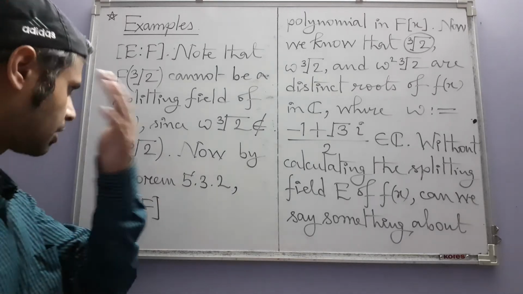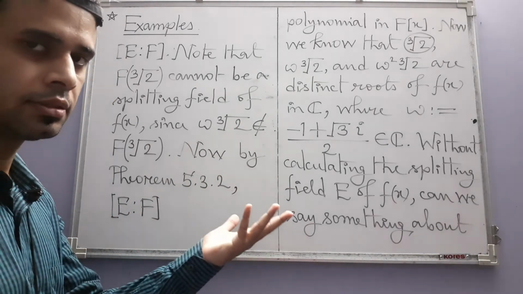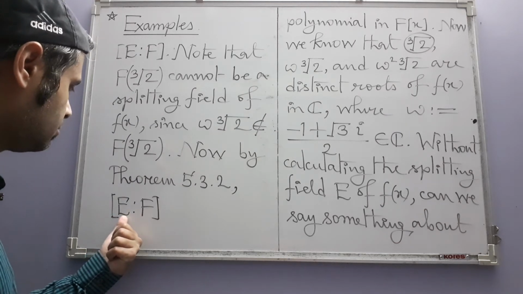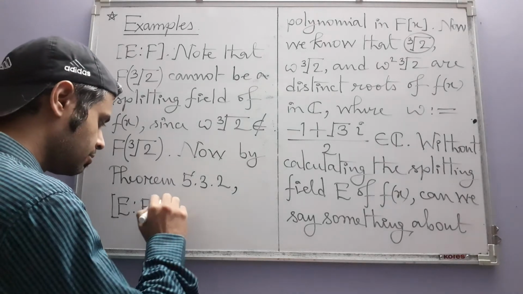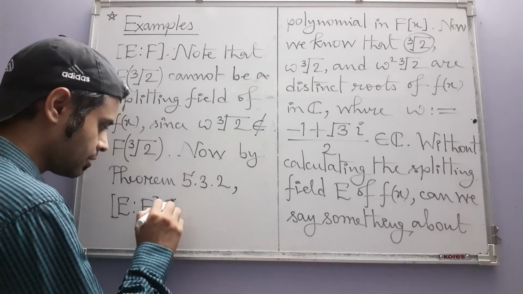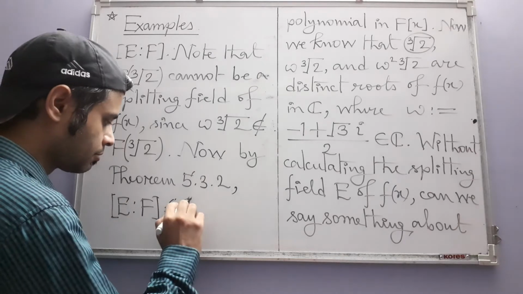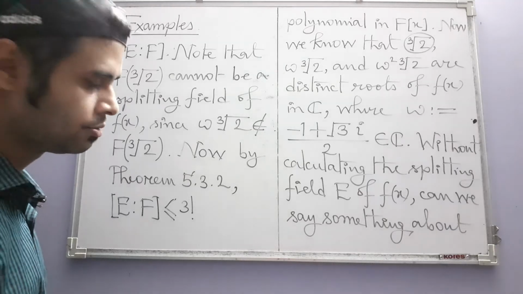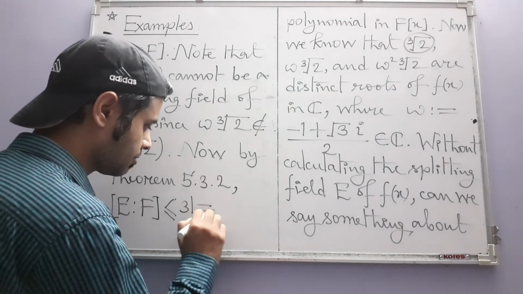Whatever polynomial you are considering, it's not necessary that it is irreducible over the base field, but the degree of the splitting field will be less than or equal to, this comes from this theorem, the factorial of the degree of the polynomial, which in this case is 3, because x cube minus 2, and that is equal to 6.